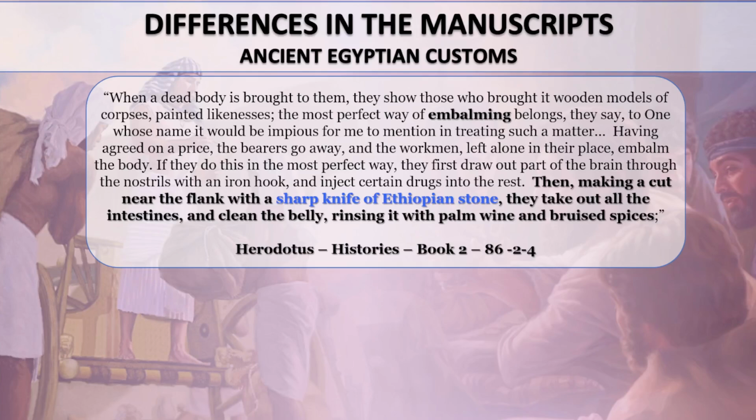And he couldn't cut through the body with the Egyptian bronze knives. They just didn't do anything. And then he studied Herodotus, the section where he's talking about the Egyptian procedures of mummifying and embalming a body. And he noticed that the Egyptians were using an Ethiopian stone to make their incisions, right?